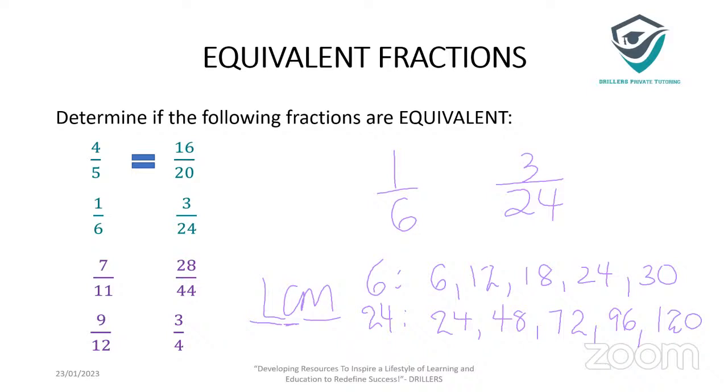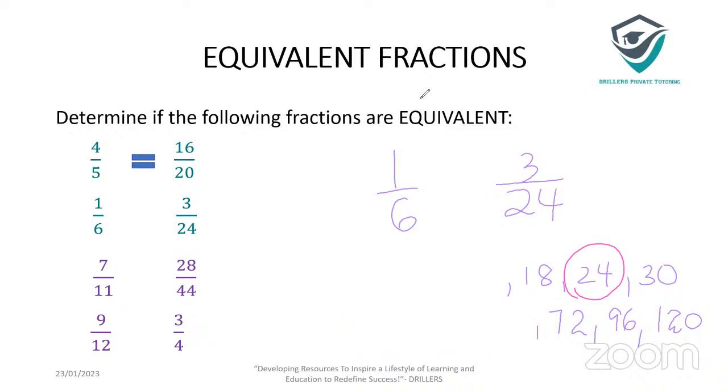If we look at the two lists, we can see that the common multiple between the two of them, the smallest common number, is 24. So our new denominator for both fractions is going to be 24.